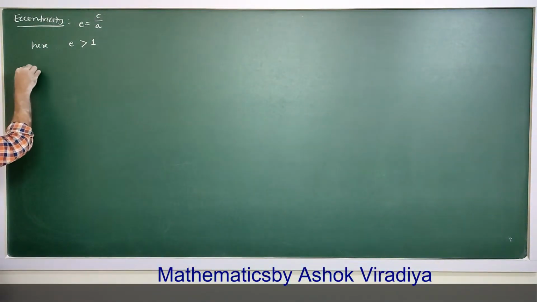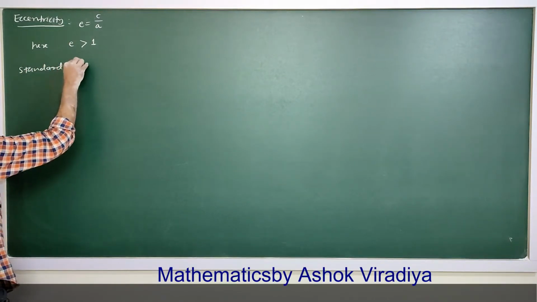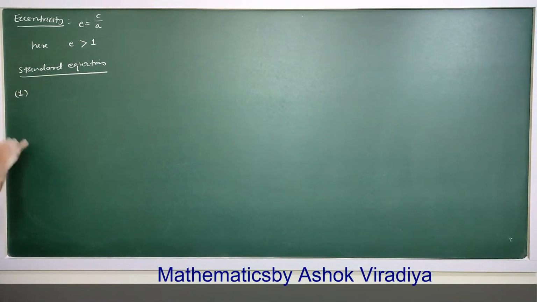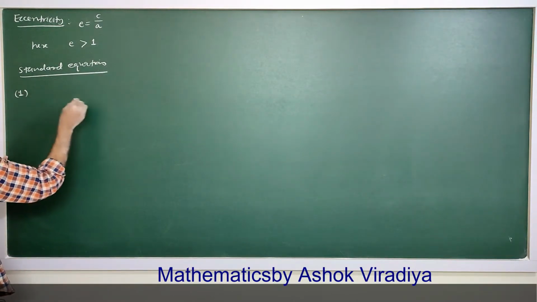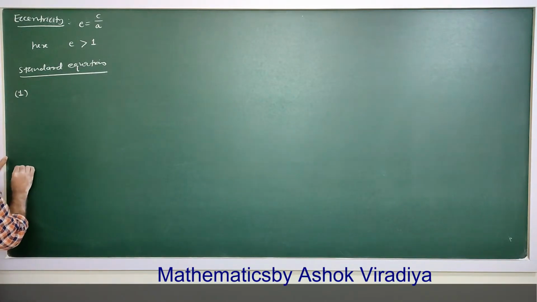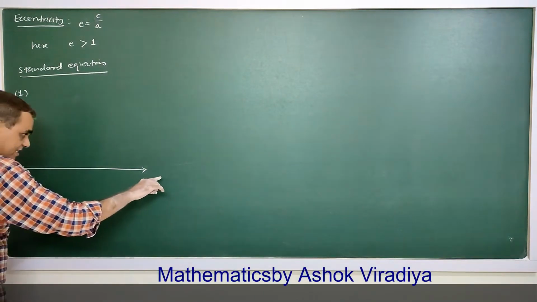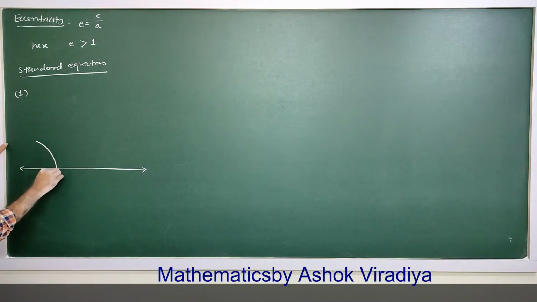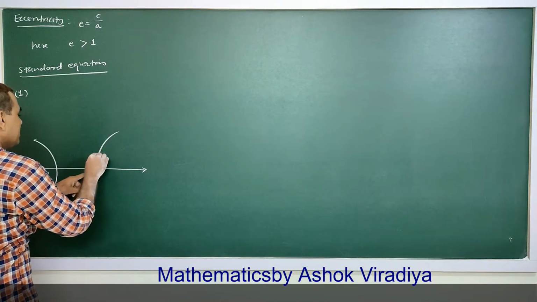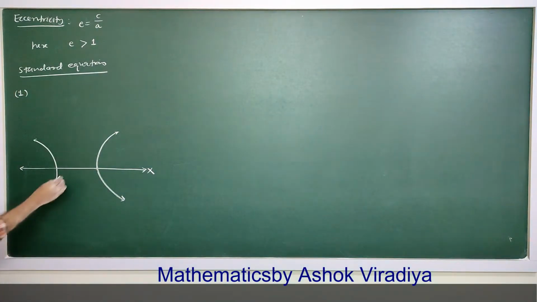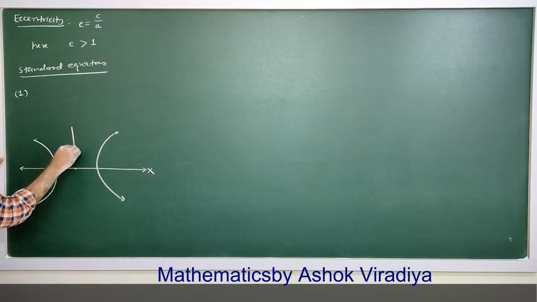Now standard equations. First type: suppose the hyperbola's transverse axis is along x-axis, and from center this is the conjugate axis.